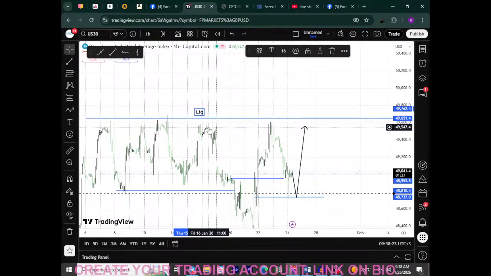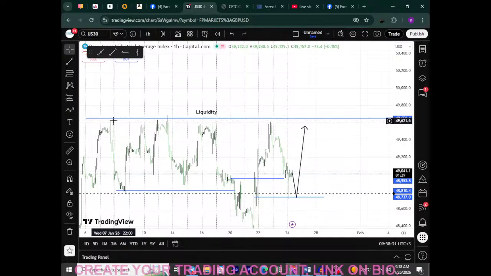So we have a lot of liquidity here. This is what we call liquidity, or strong zones. Whether they are buying zones or selling zones, those are liquidity levels or liquidity areas. You can see price came on Thursday and failed to break this level, and we said breaking that level is closing above.